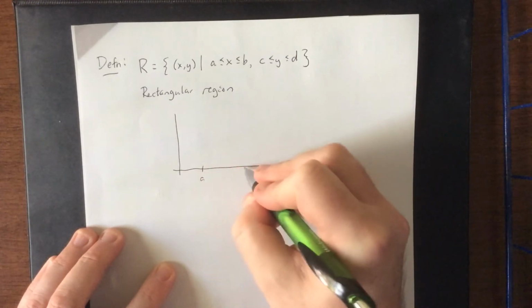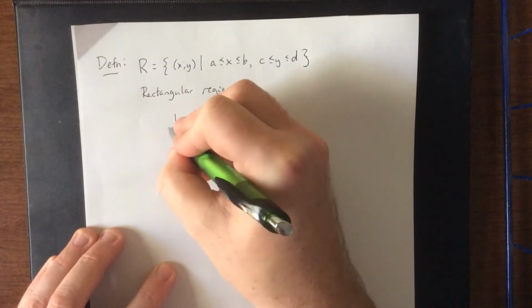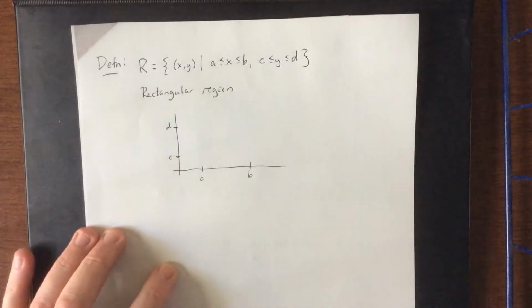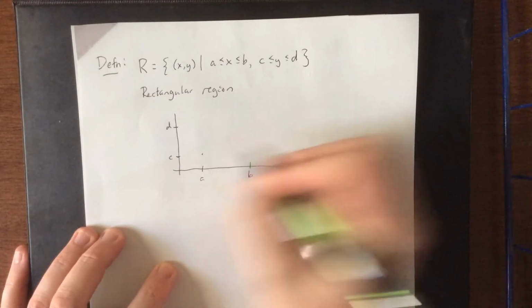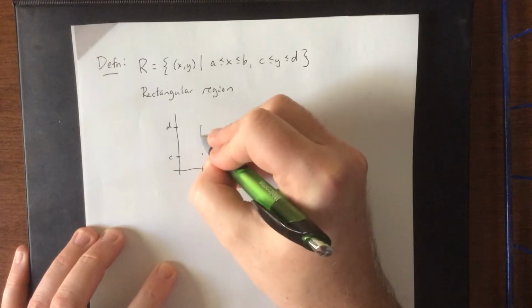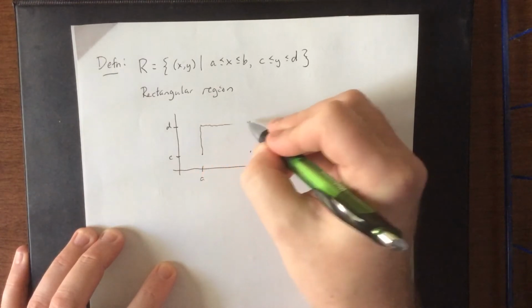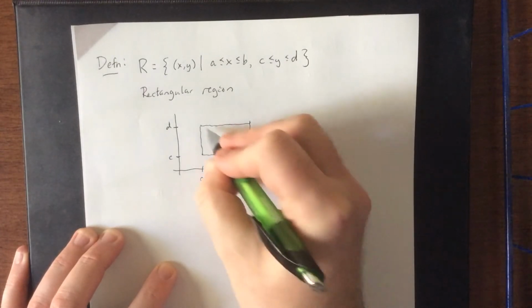So if x goes from a to b and y goes from c to d, then the region in question says x has to be between a and b and y has to be between c and d. You'll notice that those values are included, which is why I'm using a solid line rather than a dashed line.